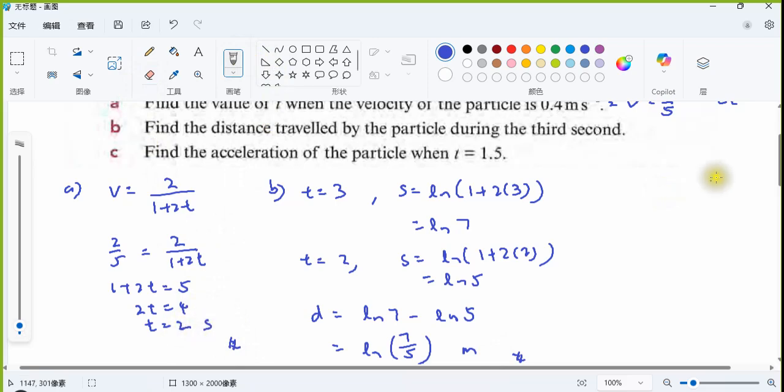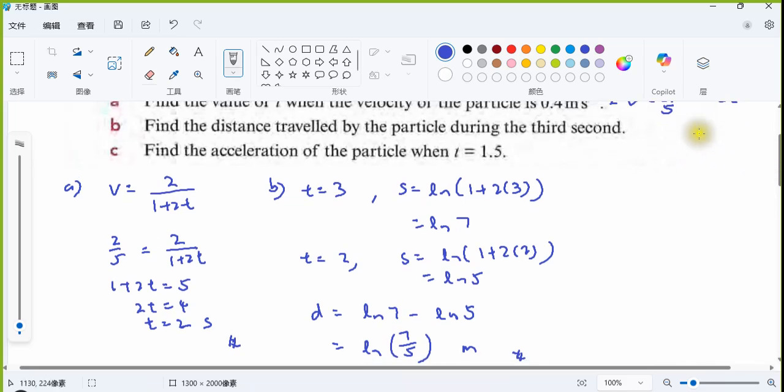C, find the acceleration when t equal to 1.5. So we know that the acceleration is the first derivative of the velocity. The velocity here we can rewrite as 2 times (1 plus 2t) to the power negative 1. So the acceleration will be negative 2 (1 plus 2t) to the power negative 2, times 2.